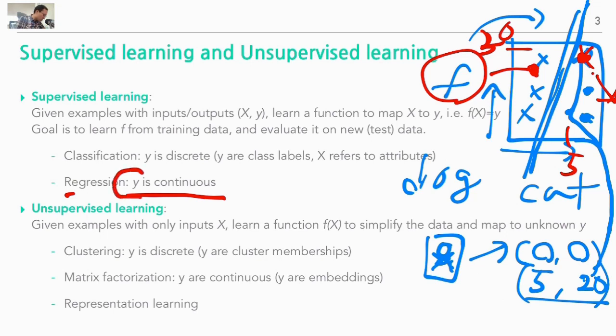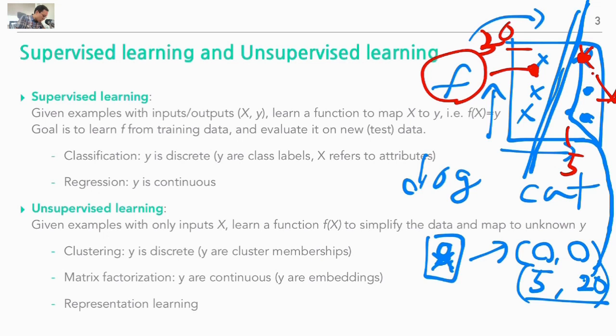So Y could be a continuous value, right? When Y is discrete, that task is classification. When Y is a continuous value, we call that task a regression task. So these are the examples of supervised learning.